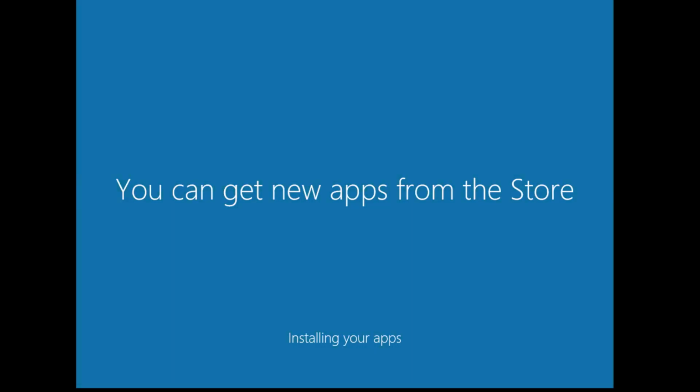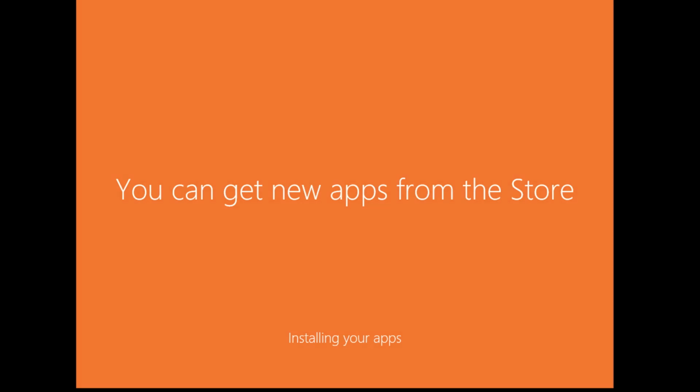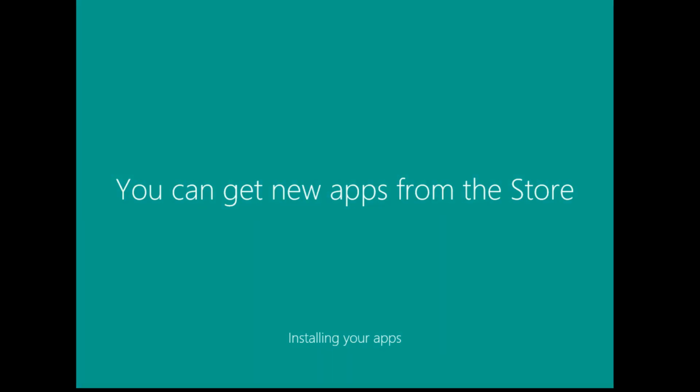Alright guys, while this is installing all the apps that it needs for me to do my thing within Windows 10, there are some important notes that you guys have to take into consideration. Some PC processors and hardware configurations aren't supported by Technical Preview. Microsoft hasn't given us a list of what those processors are.